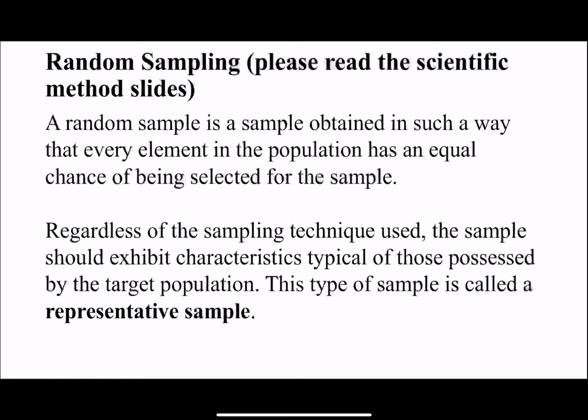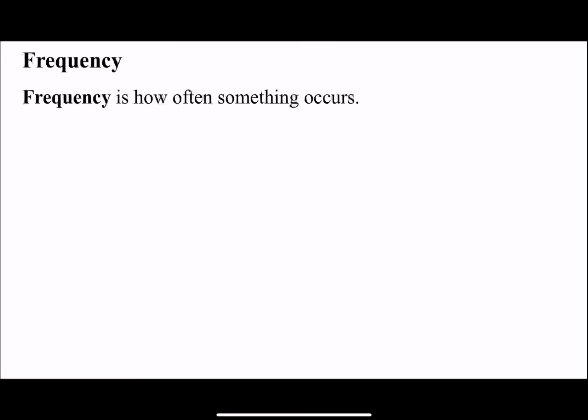So, regardless of any technique that you use to choose your sample, your sample should actually exhibit the characteristics of the target population. Like in my example, if I have a sample of 80 students, these 80 students should represent the population of students who take Genet 1101, right? I cannot just choose the students who have not taken Genet 1101, right?